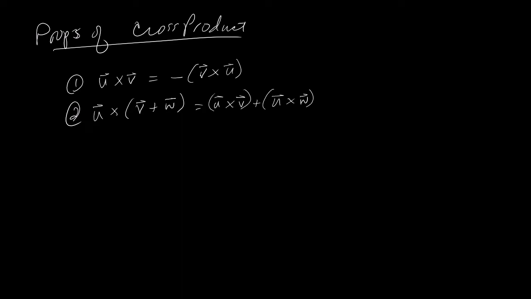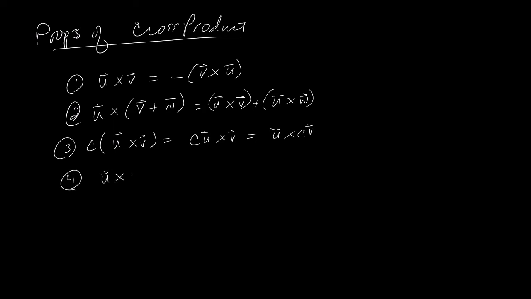If you have a scalar c times u cross v, that's equal to c times u crossed with v, or it's equal to u crossed with c times v. If you cross something with the 0 vector, the result is going to be the 0 vector. So u crossed with the 0 vector is the same thing as the 0 vector crossed with u, which is equal to the 0 vector. If you cross a vector with itself, you are going to get the 0 vector.